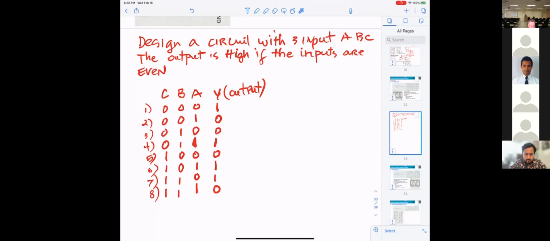So 1 adding to 1, you get a 0. 0 adding to 0, you get even. So you get 1. And next one, 0 adding 0, you get 0, 0 adding 1, you get a 1. That's odd. 0.